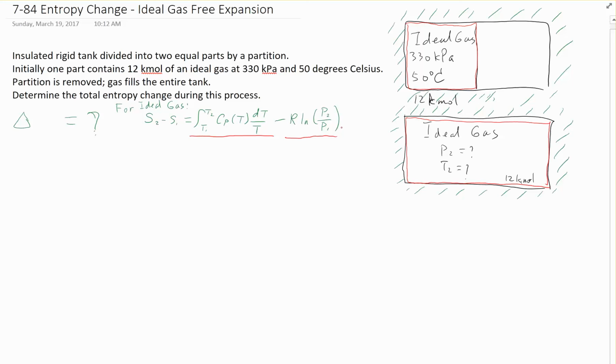Let's do some analysis of the entropy change equation first. Let's make some assumption first.